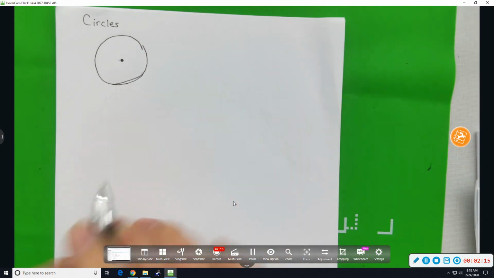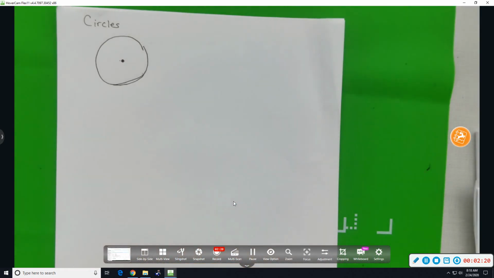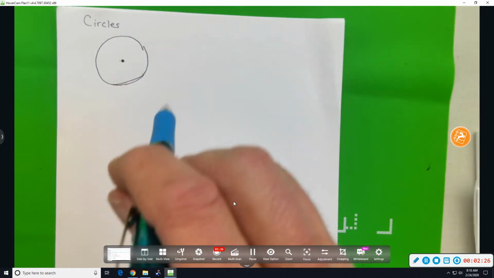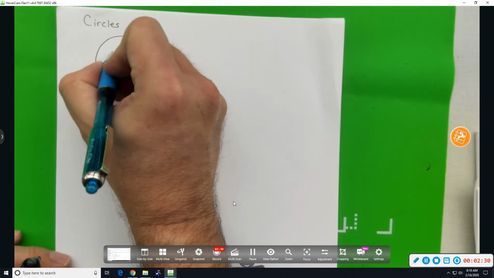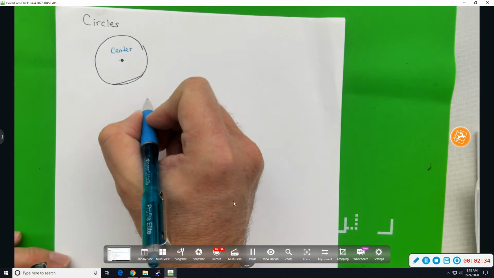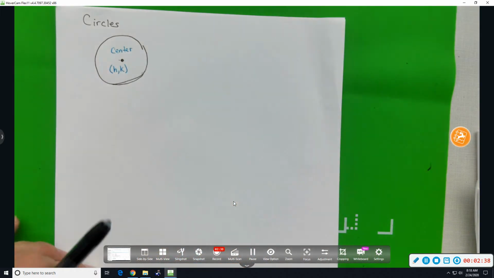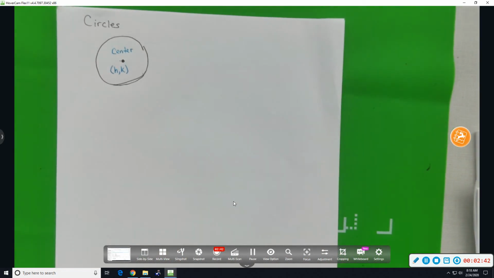On a circle, you have two things. If you have one of those compasses with the sharp point for drawing circles, you put the sharp point down, you move the pencil over and spin it. I'm assuming y'all are familiar with that. Where you put the sharp point down, that's called the center of the circle. And that center would be an ordered pair x, y, but we're going to call it the center h, k instead of x, y.